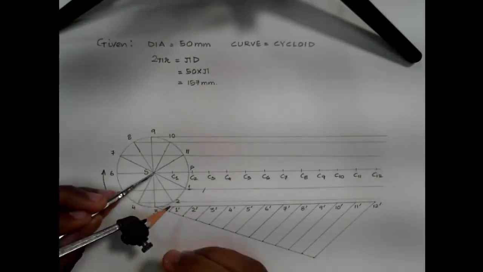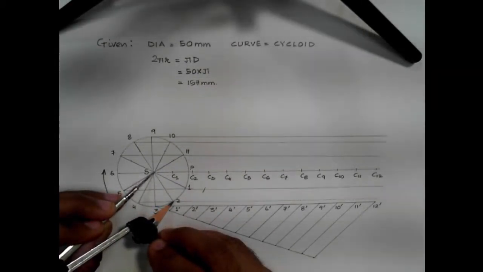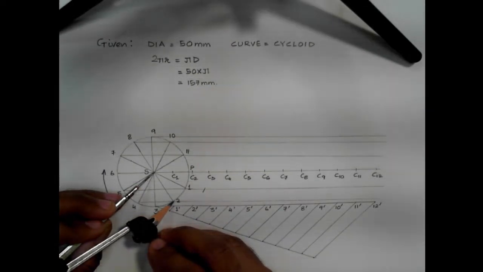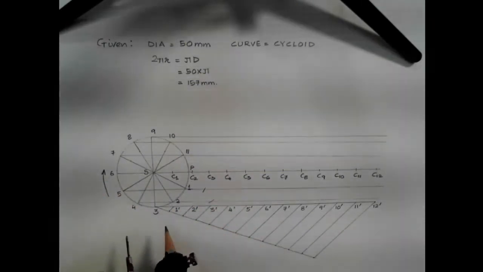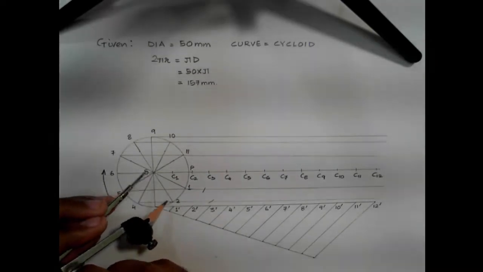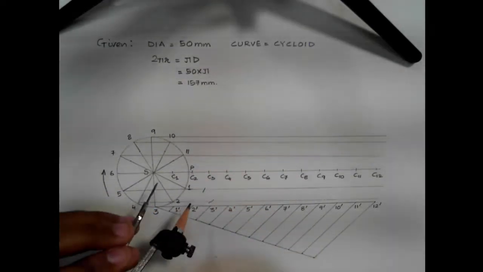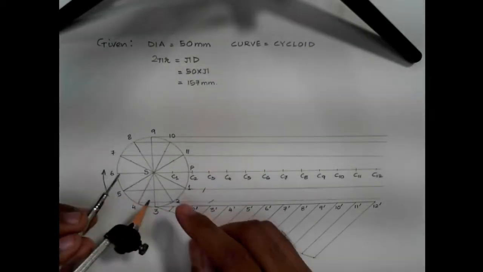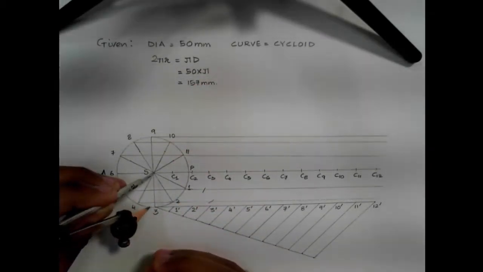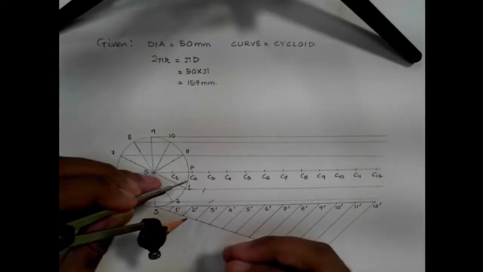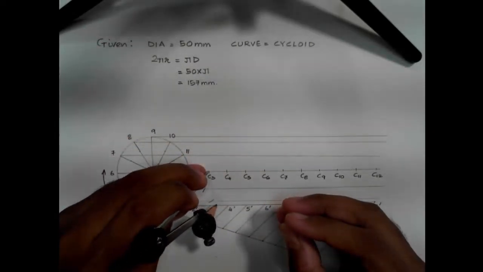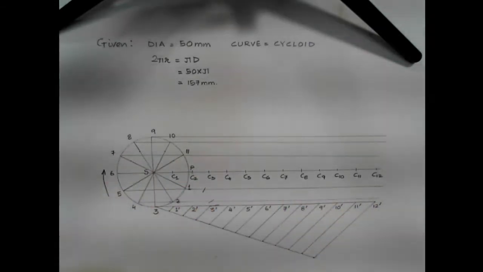Then C2 is southern eastern, so take this radius and cut at 2. If you take the radius of 1 and cut C2 from here, it is wrong. You have to take the orientation according to the radius, which is 1 and 2. Now C3 is exactly from south, from S to 3 radius. C3 I'll cut down like this. So at 3 you can see there is a cut.